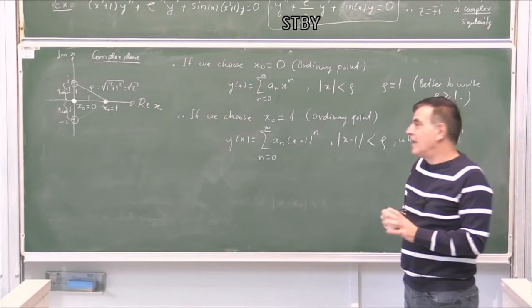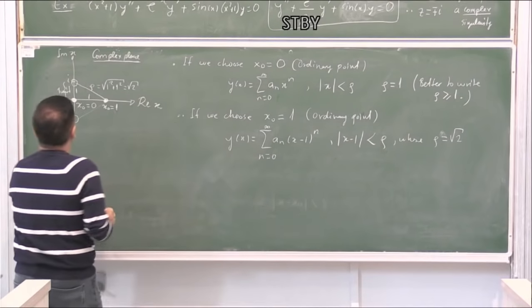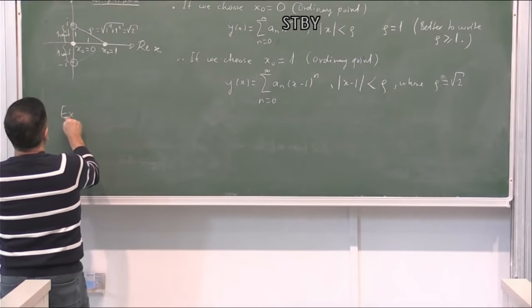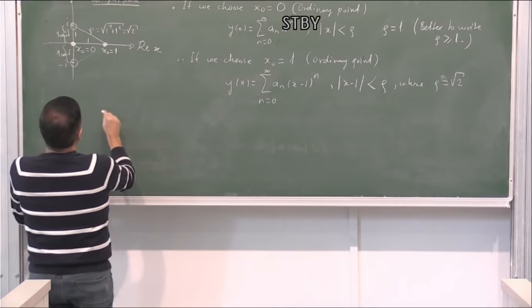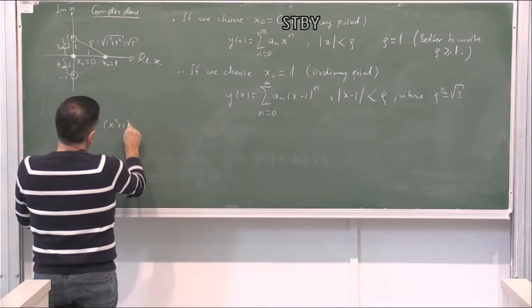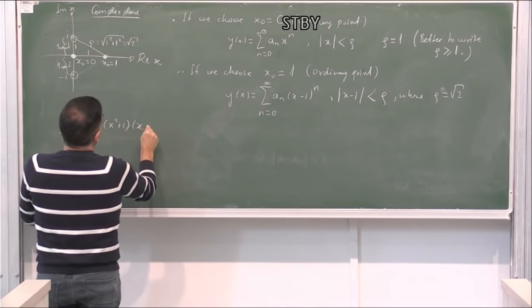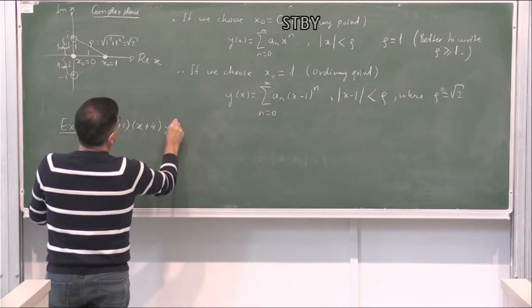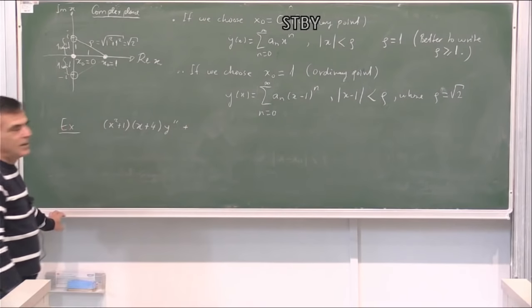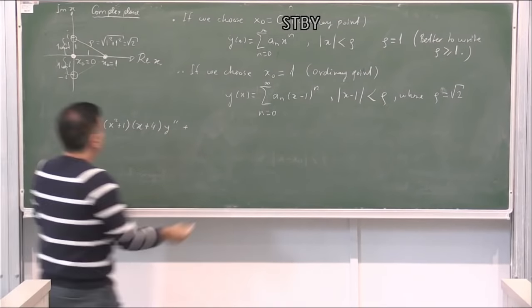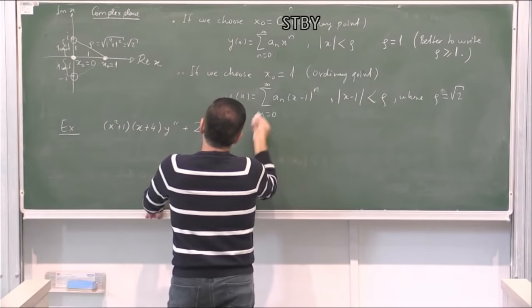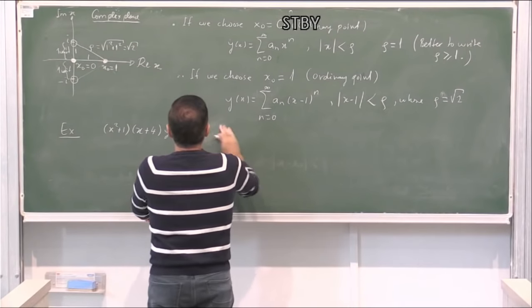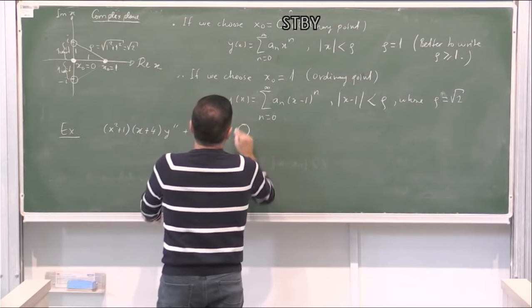Good? Let me consider another situation. Example, let's consider x squared plus 1 again. Good. x plus 4 times y double prime, plus 2y prime, or 2y, say just that, is 0.